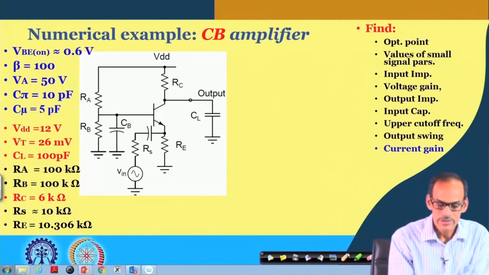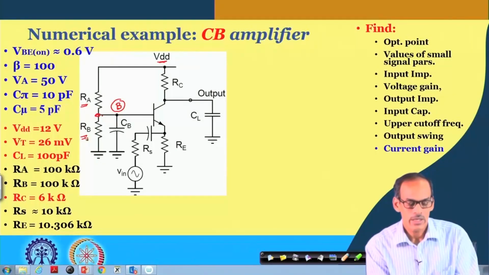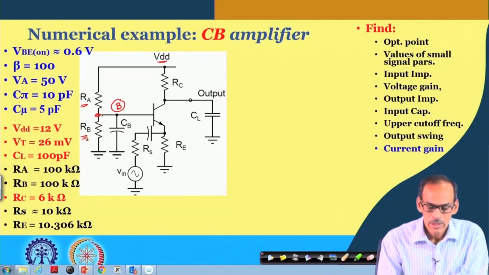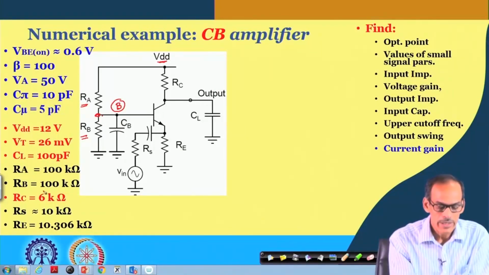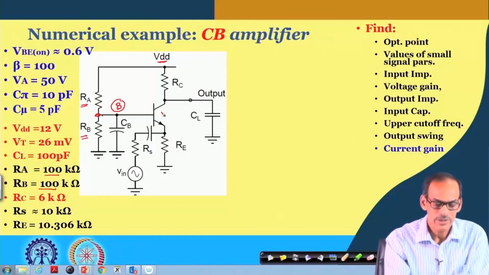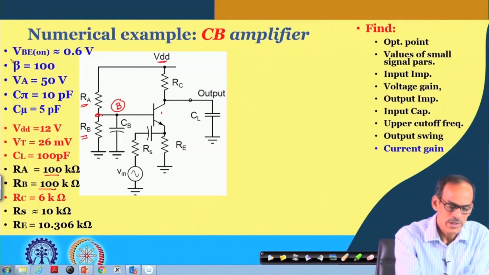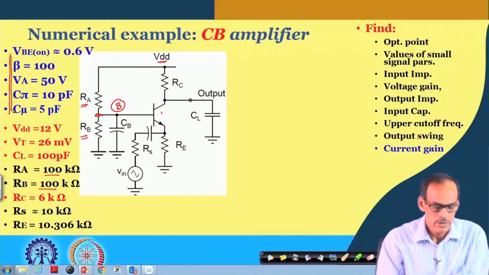Here, as I said, we are generating the base voltage from VDD and the potential divider constructed by R A and R B. The values of R A and R B are given here. The other information about the BJT as well as the other parameters remain the same, which are enlisted here.